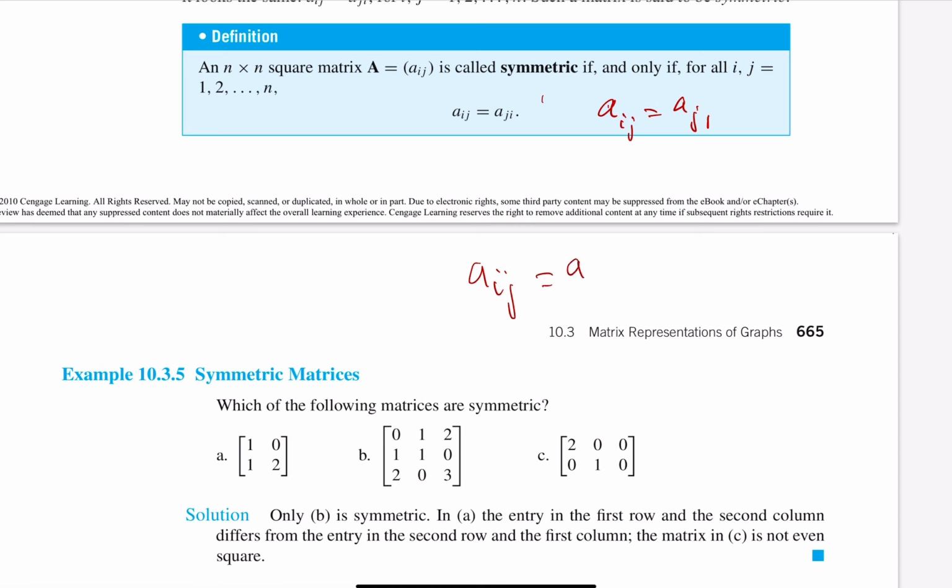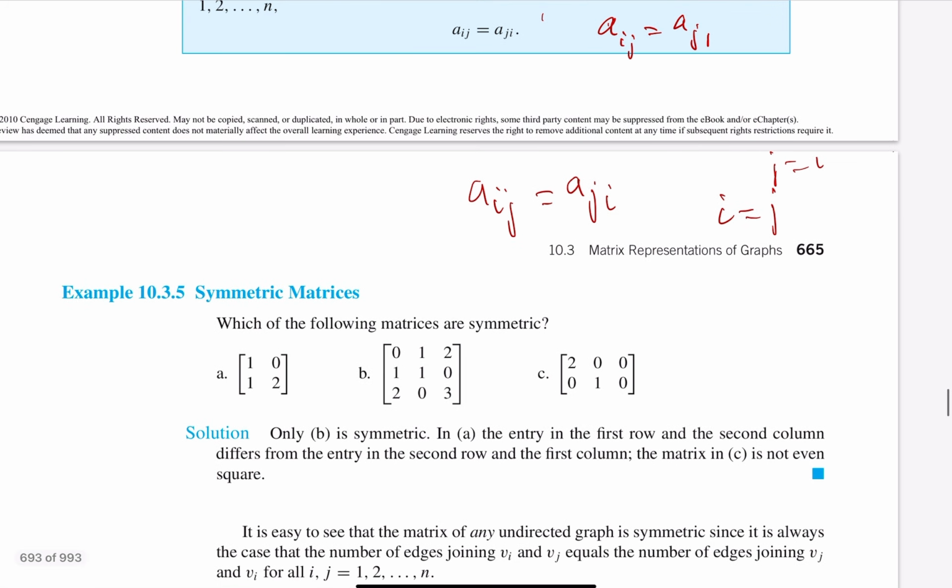If you have a_ij equal to a_ji, what does it mean? i has to be equal to j, and j has to be equal to i. You can switch it. You can change it, okay? If you check from here to here, you can move this one up, and you can move this one down, okay?